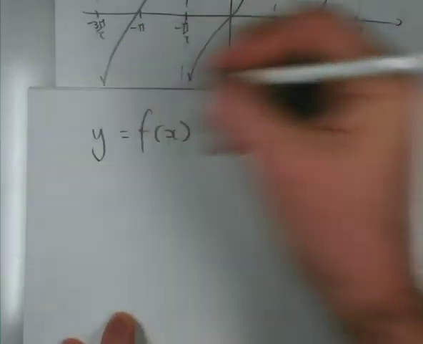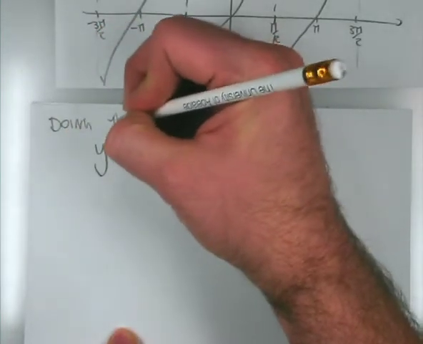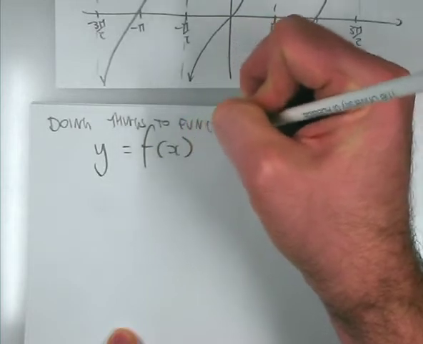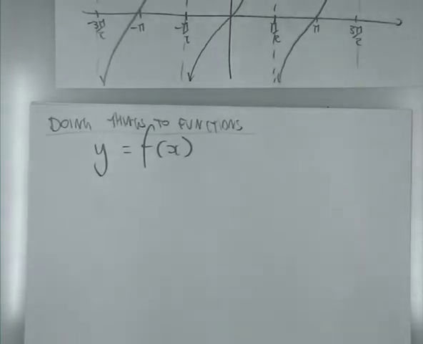So this is just an example. So doing stuff to functions. It doesn't even matter if it's not even a function. You can have any formula at all and it should have a picture to go with it.